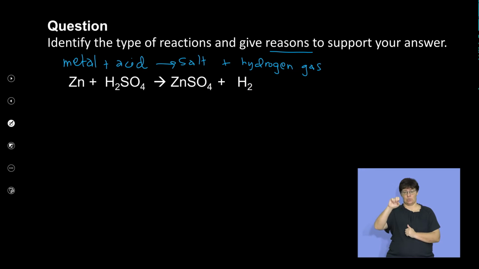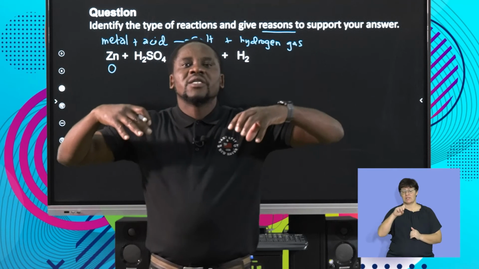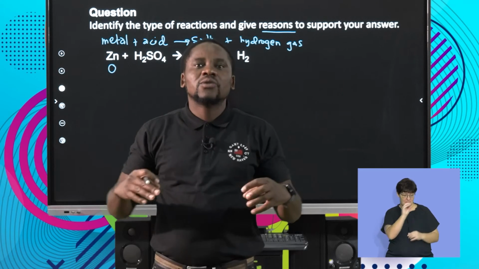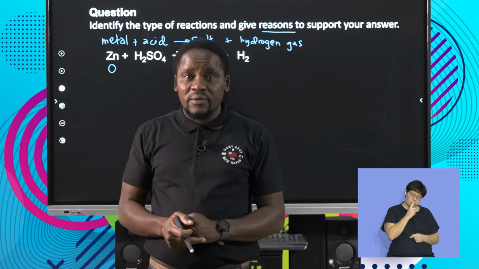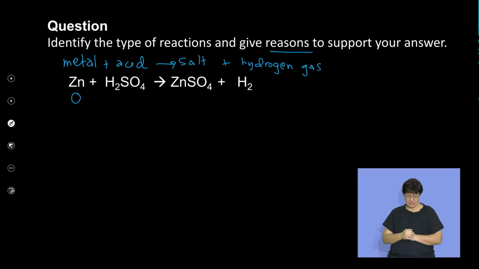So what are we saying here? We are looking at zinc, its oxidation number is 0. Now we're going to apply the rules of assigning oxidation numbers. There's a whole lot of knowledge that we have gained that we need to bring to the fore and apply so that we make sense of this scenario, right? So if we look at zinc, on this side zinc is +2.